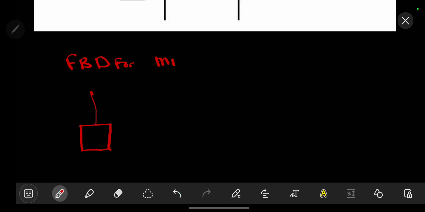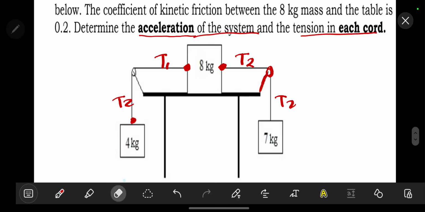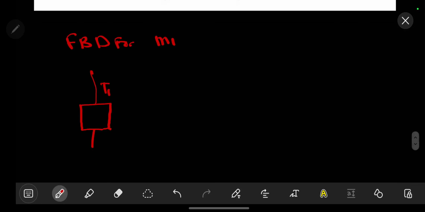So this is our tension 1, not 2. If that is 1, even here it's 1 because it's passing through the same pulley system. Then downwards it's experiencing the weight, which is our M1 G, since this is our mass number 1, which is equal to 4 kg. So this is our free body diagram for M1.